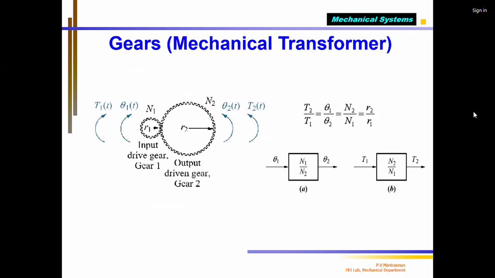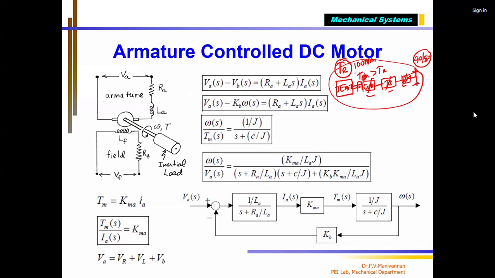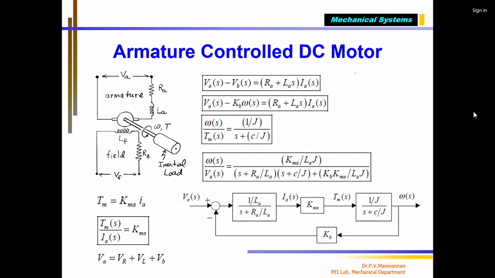Okay. Now next we will go to your next important topic. I have a question, sir. Yes, please. Sir, this omega s upon Tm s, the question number 3 from the top. If I try to check this equation dimensionally, if I cross multiply, Tm divided by J is nothing but alpha, right, sir? Angular acceleration, correct.